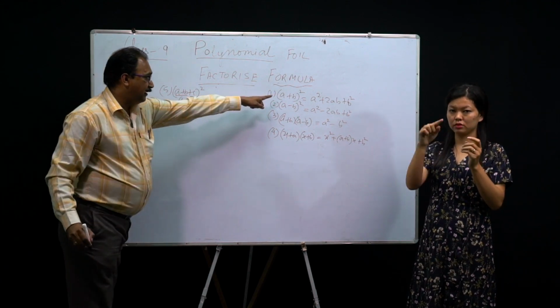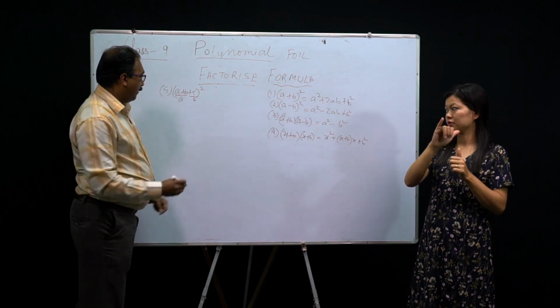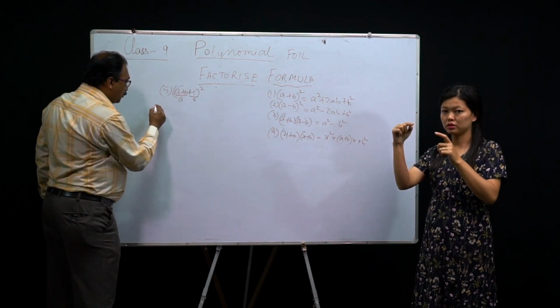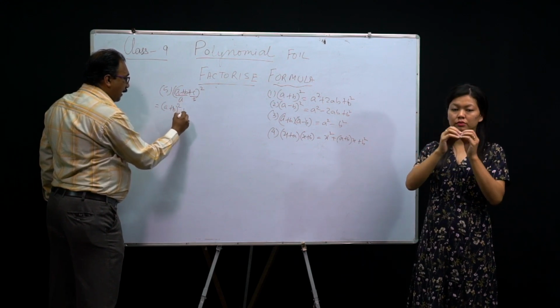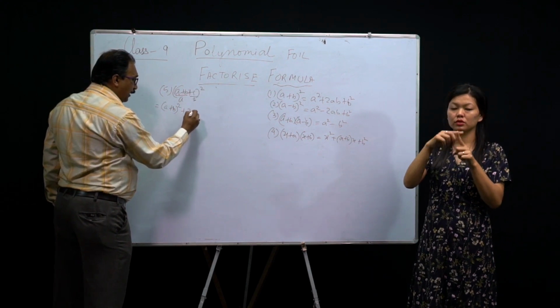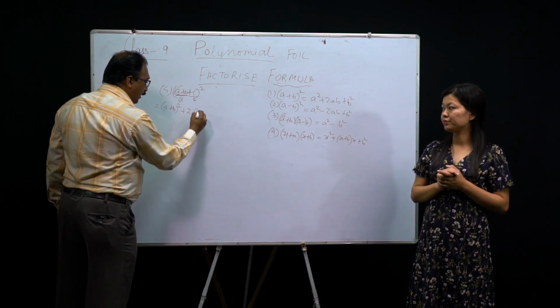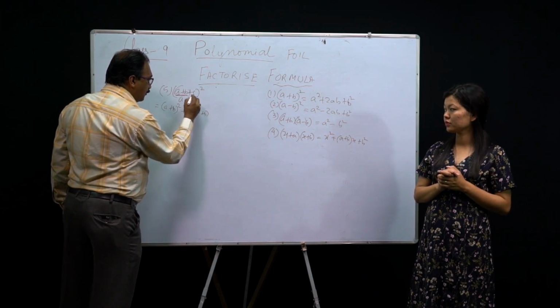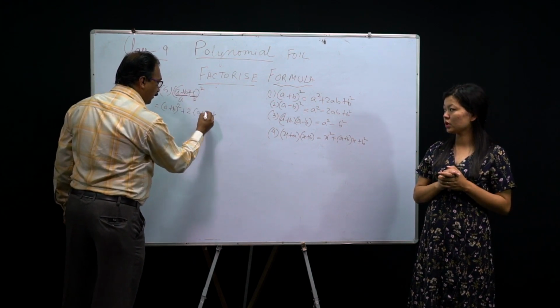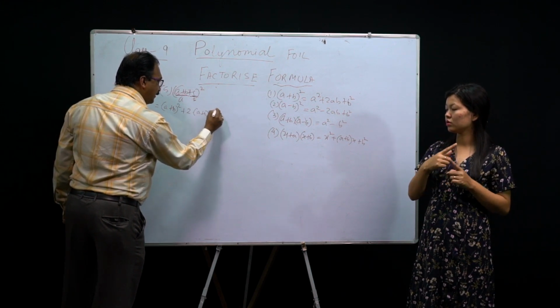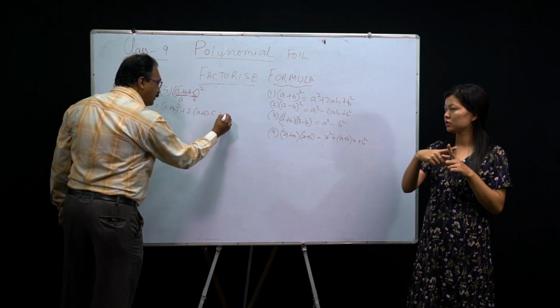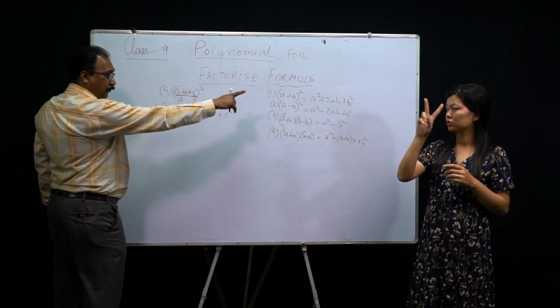Now compare it with (a plus b) whole square. a square means this one square. So we'll write here (a plus b) whole square, plus 2ab, 2 into a. a means this one, (a plus b), into c. c means which one? b. That is into b means here c. Plus b square means this one square, means c square. Correct? We follow the formula.